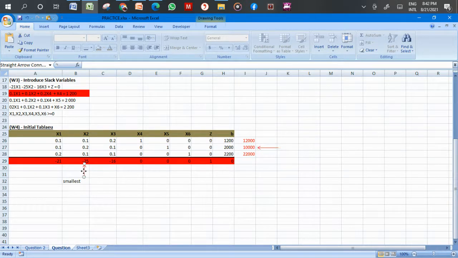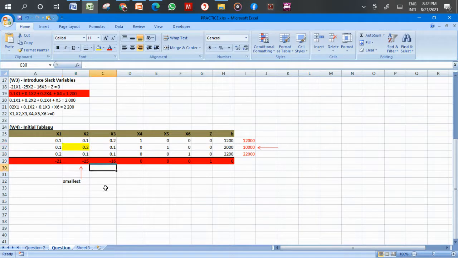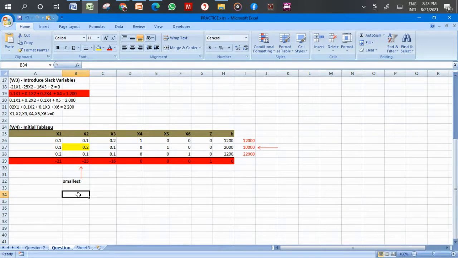So where these two join, the smallest here and the smallest here, that is our pivot variable. So let's indicate it with a yellow color. Okay, so we've identified the pivot variable to be 0.2.